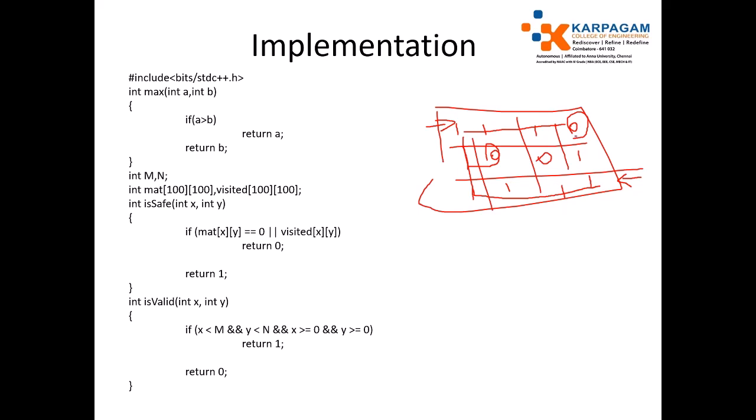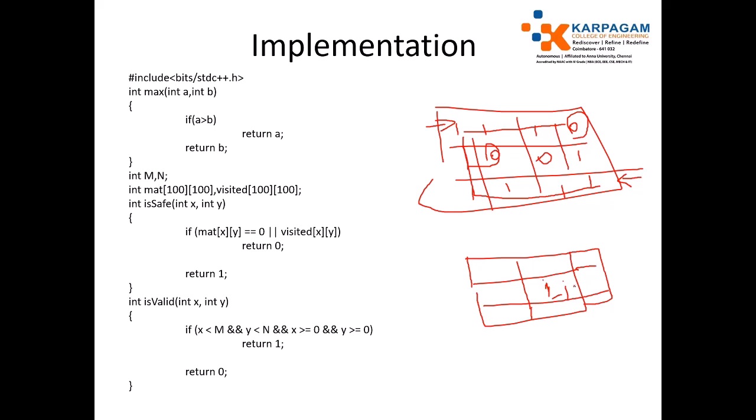If there is 0, we can't move further. If there is 1, we can move further. So at every moment, for example, we have a cell like this. If I am in this position, I am at position i, j.